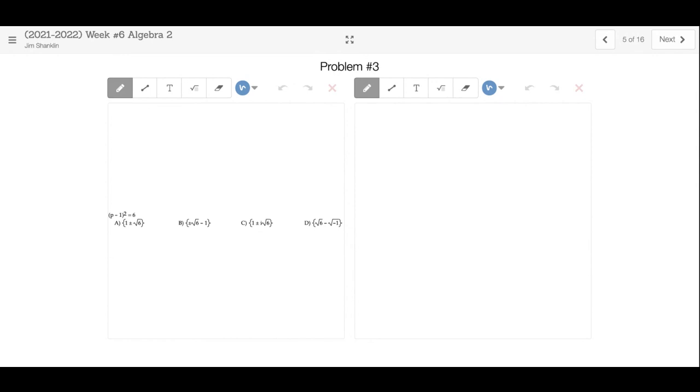Very similar, but remember, be careful. When you do have your answer, just put it in the chat box.